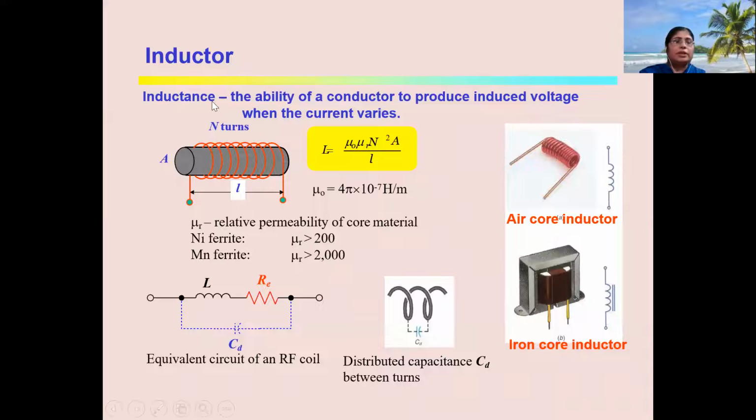Next is the inductor. Inductance is the ability of a conductor to produce induced voltage when the current through it varies.